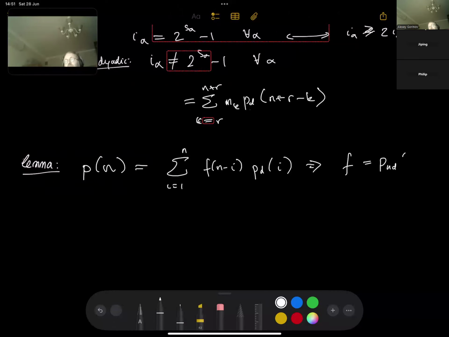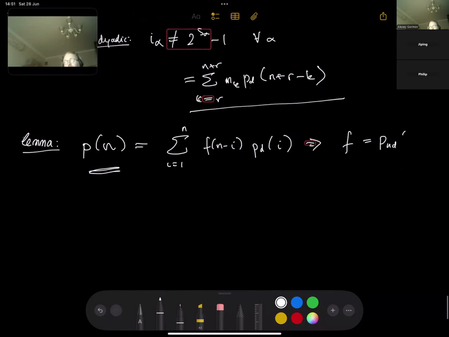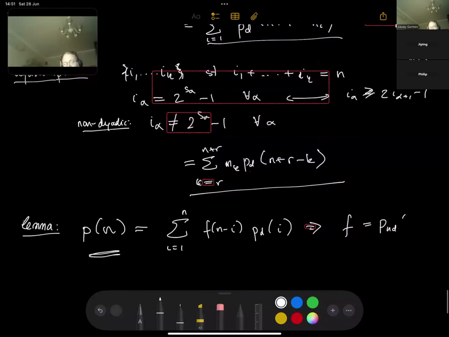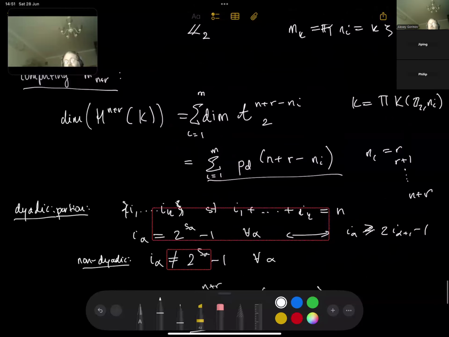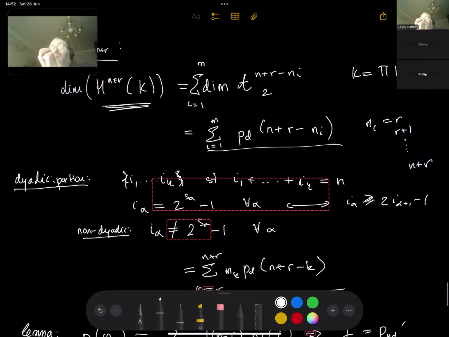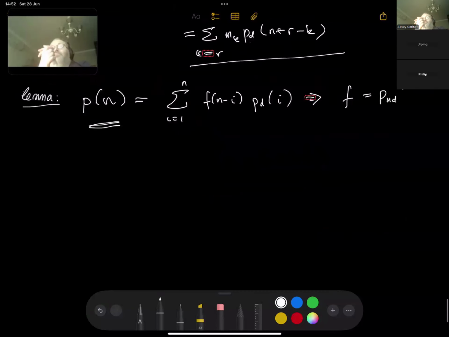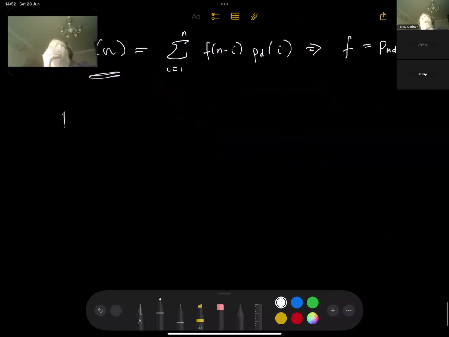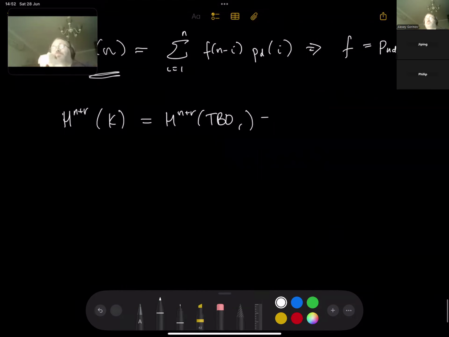So how to use this lemma? We want to relate this to partitions of n. What was this? This was the dimension of this space. But we have isomorphisms between this, this, and this.